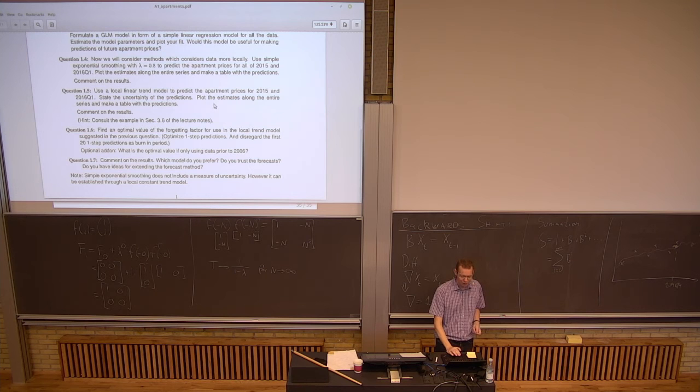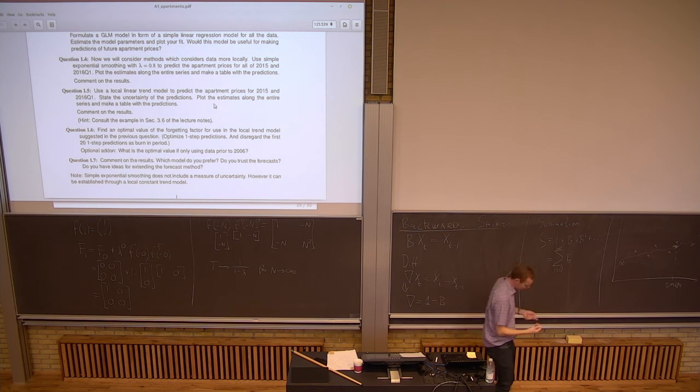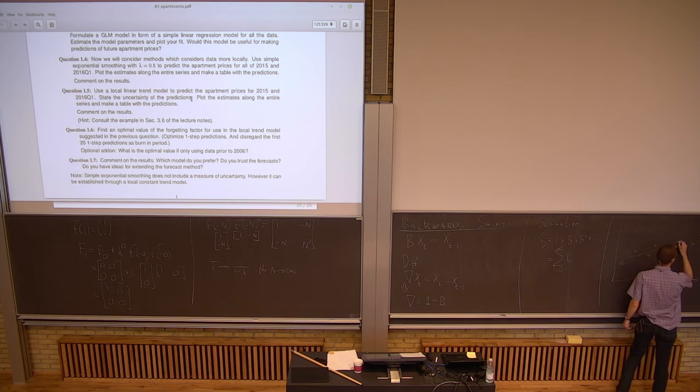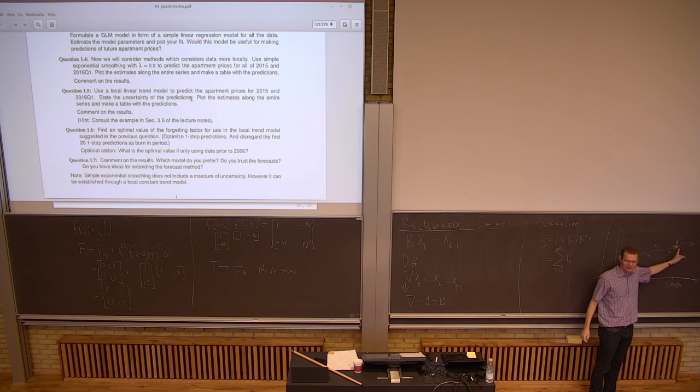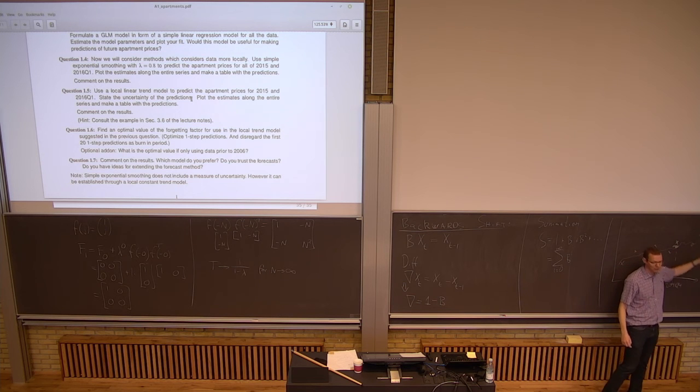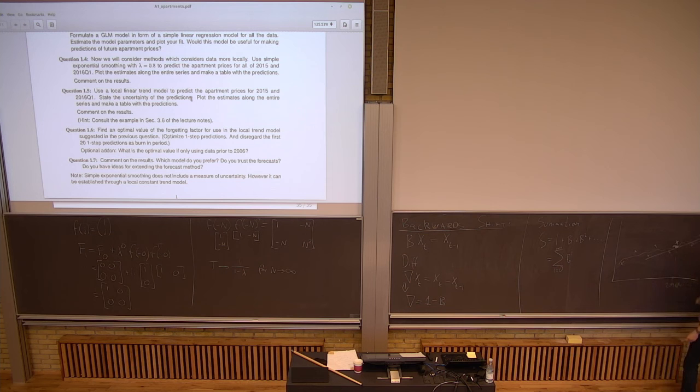For question 1.5, you can make the prediction by just standing at the last point and making an estimator of the prediction. The same thing you can do for question 1.5, where you use a local linear trend model that we discussed today. You can make the prediction by only considering this point, n equal to this 92-ish, and then just make the prediction. Fit the local linear model, it looks like this.